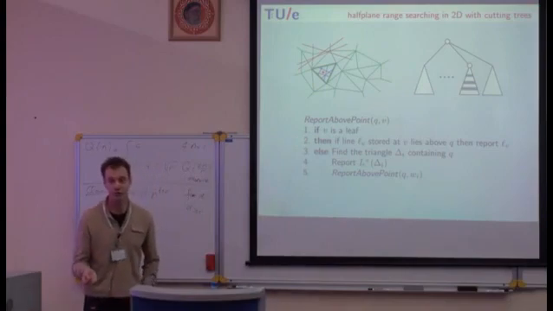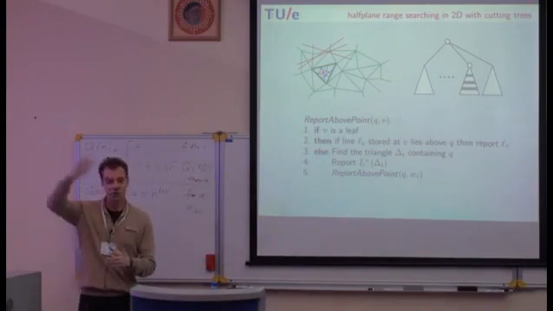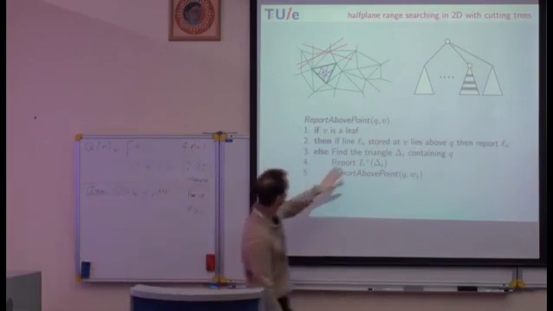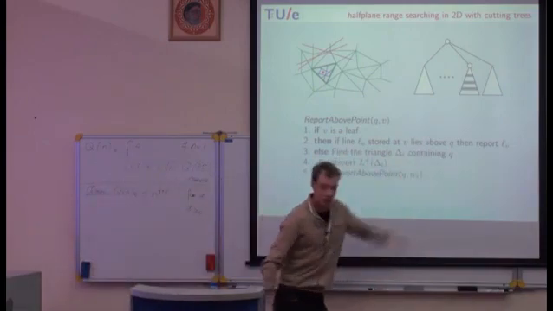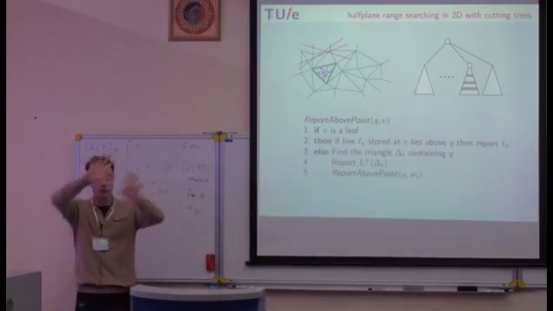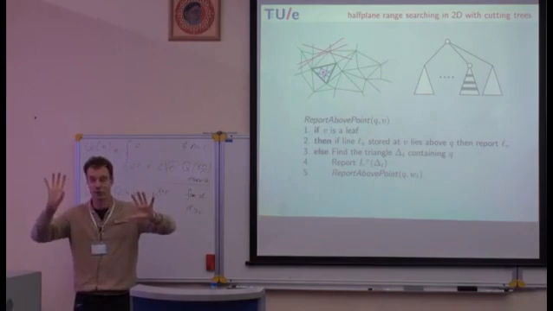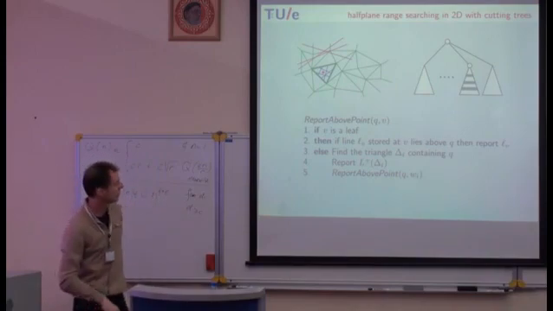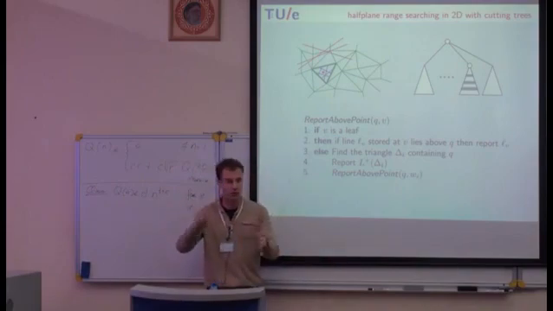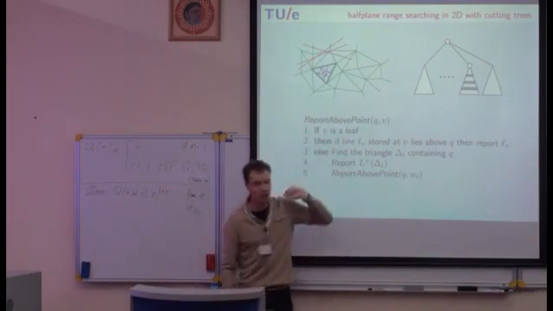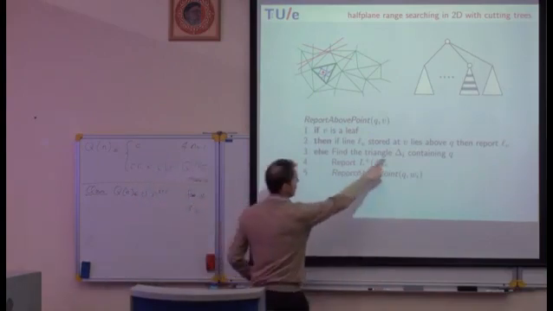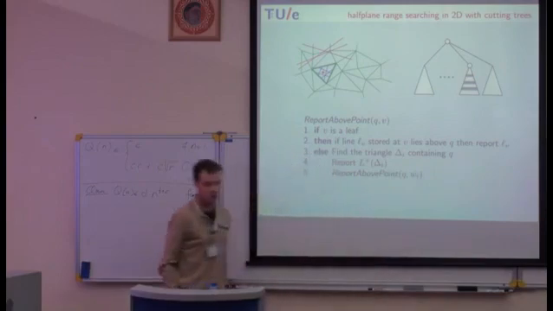If v is a leaf, you have one line, you just check if it's above or below the point, and maybe you report it if it's above. Otherwise, you have all these triangles of your 1 divided by r cutting. You simply look at all these triangles to find the one that contains the query point.